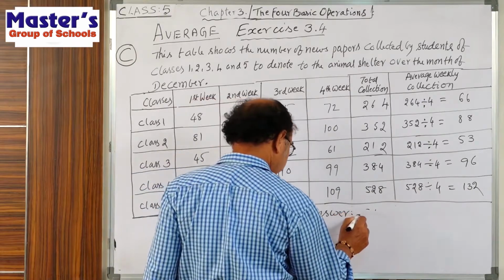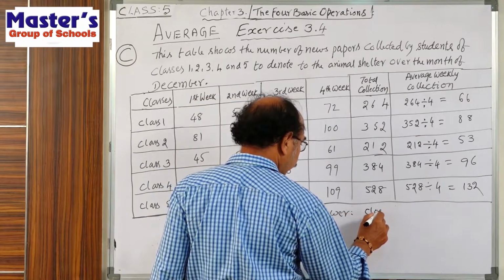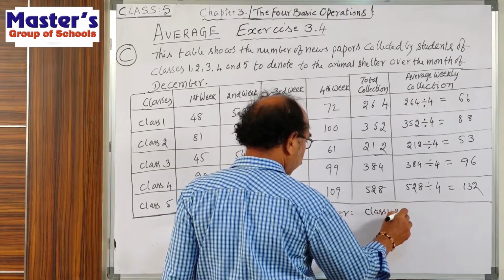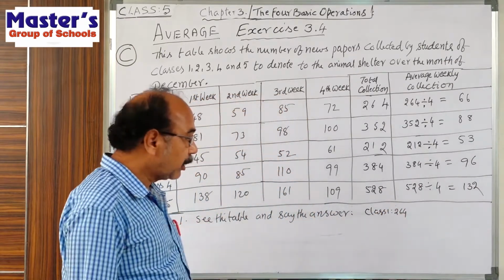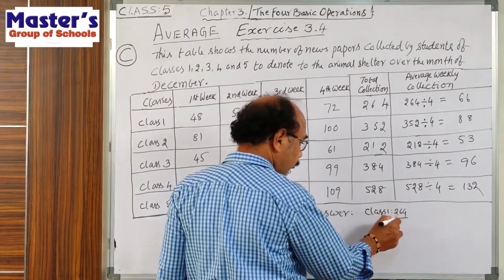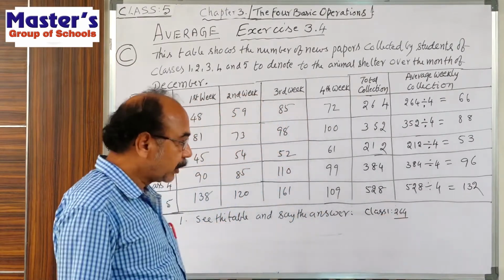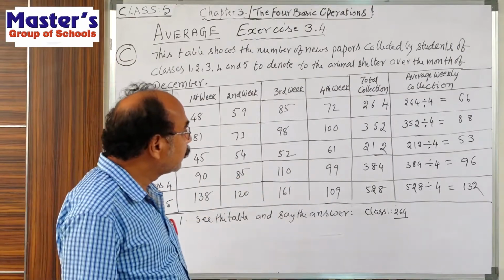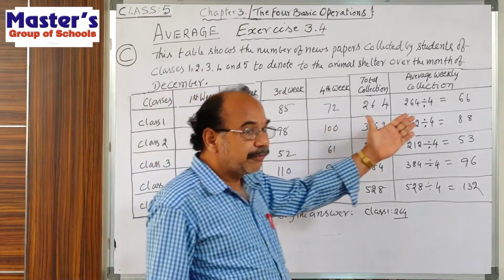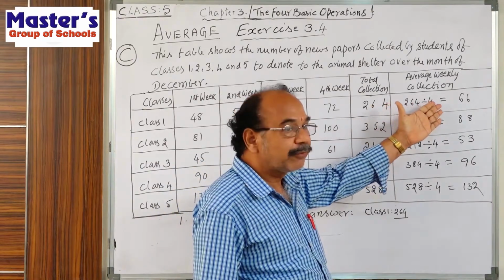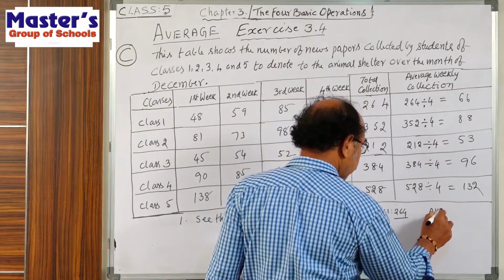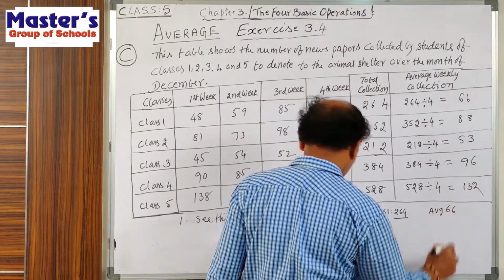Class 1, how much? 264. That is total collection. Now, the average. Average means you divided 264 by 4. How much did you get? 66. So average 66.